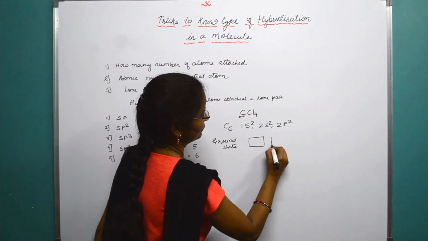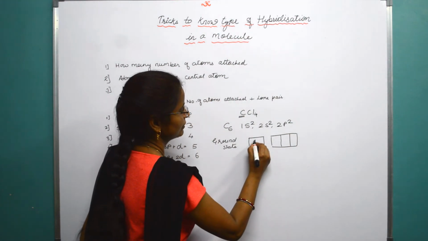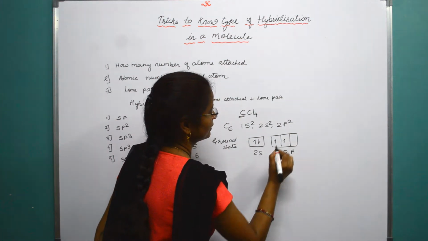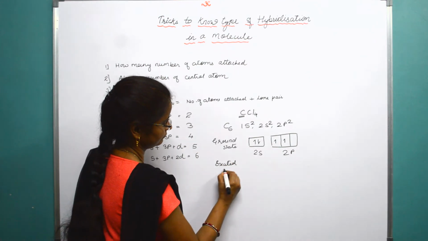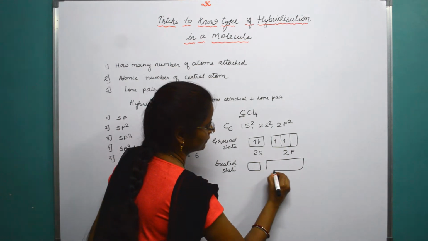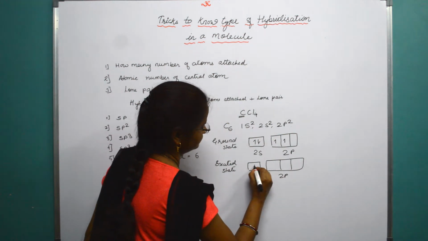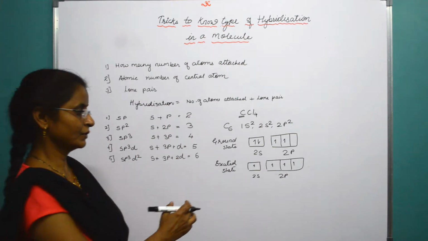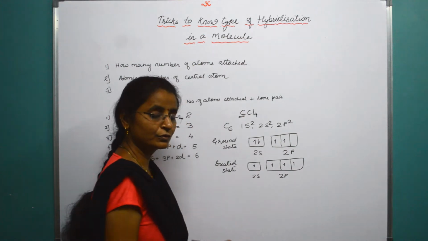I am writing only the valence shell configuration, so 2s and 2p. Now the same in the excited state, 2s and 2p. Now see how many total orbitals are available for hybridization: one 2s and three 2p orbitals.